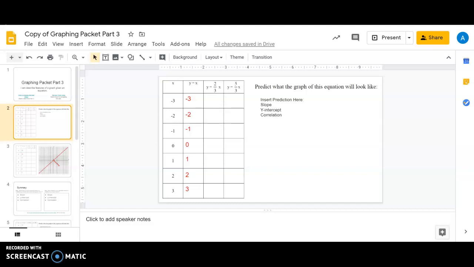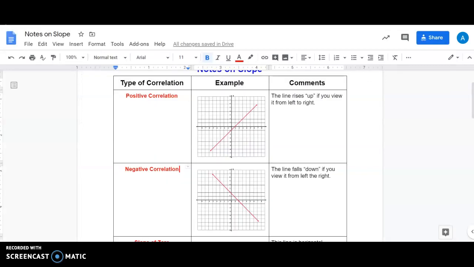Now, I do want to talk about correlation real quick. Correlation can be either positive or negative, and later on we'll talk about how there's no correlation. But right now, let's just talk about positive or negative. In a positive correlation, the line is going to rise up from left to right. So imagine you start at the left hand of a graph all the time, and you come to a hill.